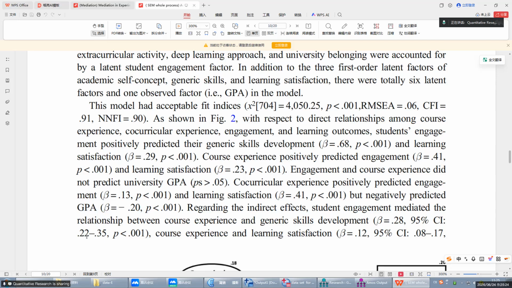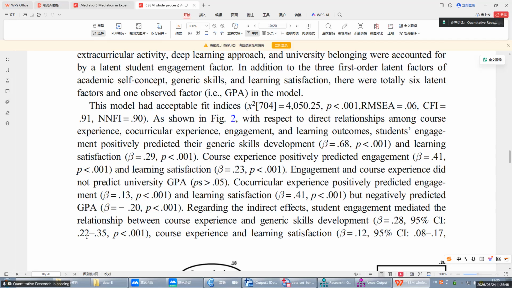In my proposal, I came up with my conceptual framework. Let's say it doesn't contain the mediation hypothesis. But then I conduct this test, and then I find mediation additionally.